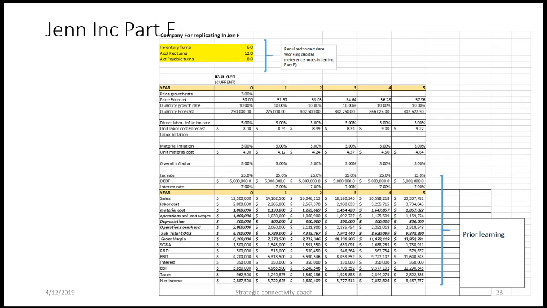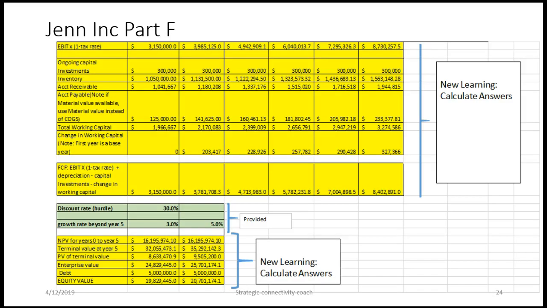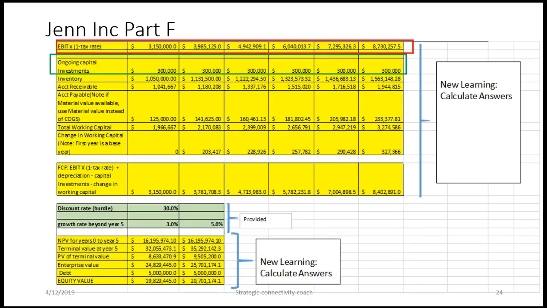This is the cut and paste from the Jennings part F. You went through and calculated the pieces of the free cash flow. You did the EBIT calculation. The ongoing capital expenditure is the same as the depreciation. Your inventory calculation used the formulas we talked about. From there, you look at the change in working capital, how it changes year over year, and from there you did the free cash flow.